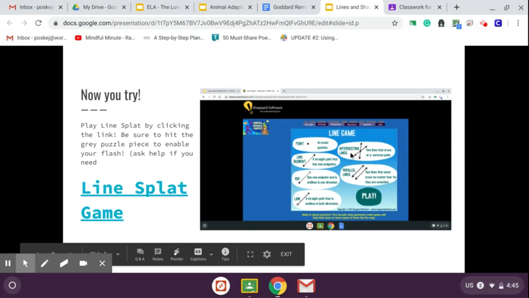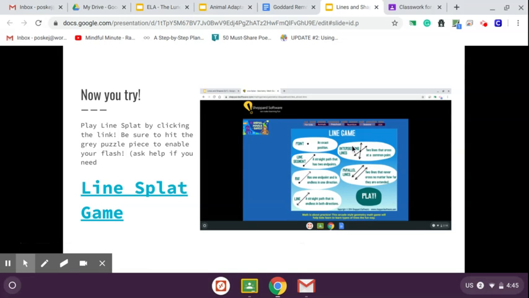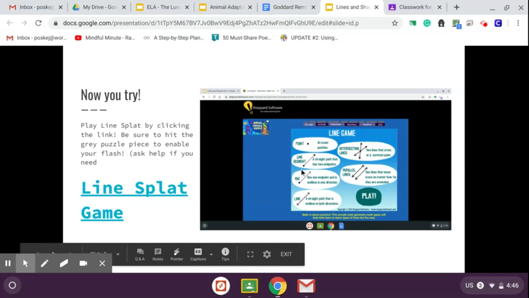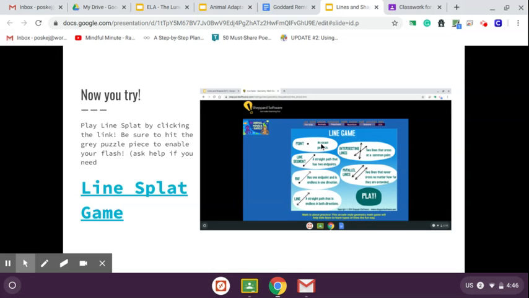We learned some of these last week or the week before, I forget, when we were talking a little bit about geometry and things like that. But we learned about point, line segment, ray, and lines today. You're going to click play, and then you'll be able to click or splat on what they're asking you to do. So you can play this as many times as you want.